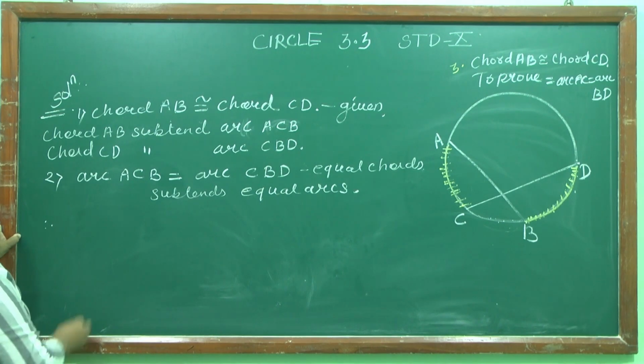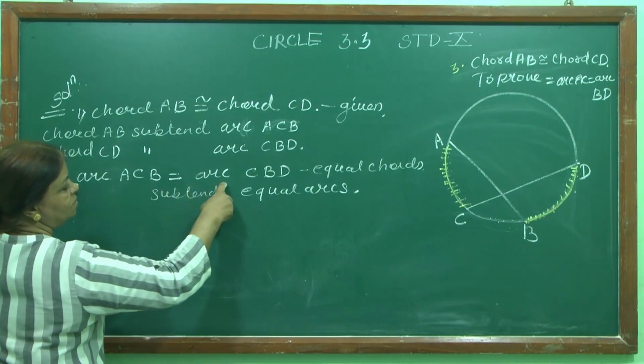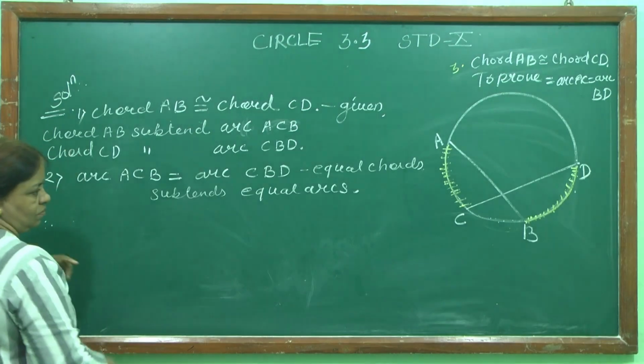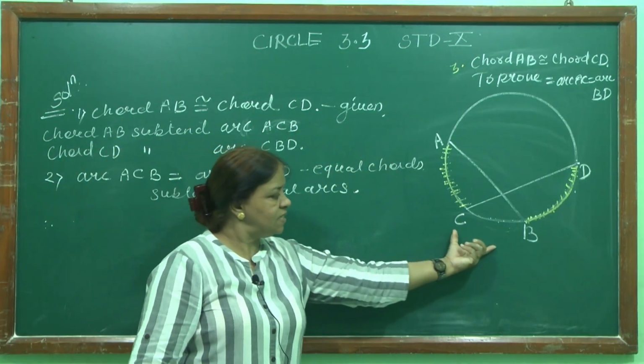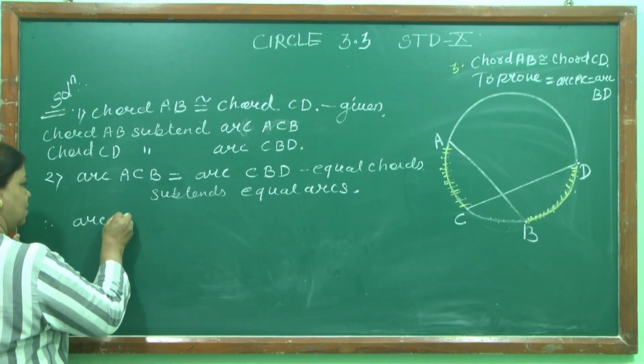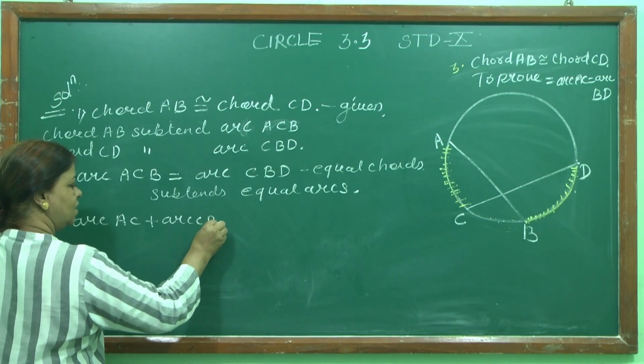Therefore, now arc ACB is equal to arc CBD, no? But arc ACB, you see children, is arc AC plus arc CB.